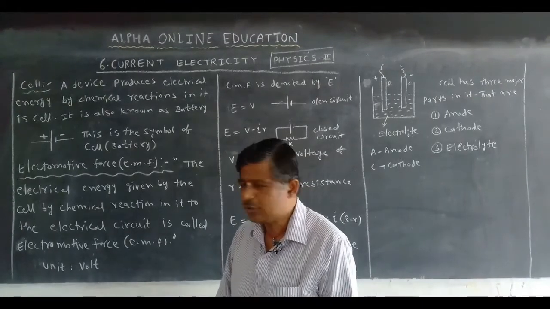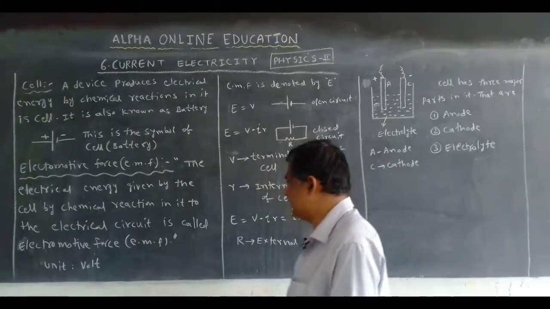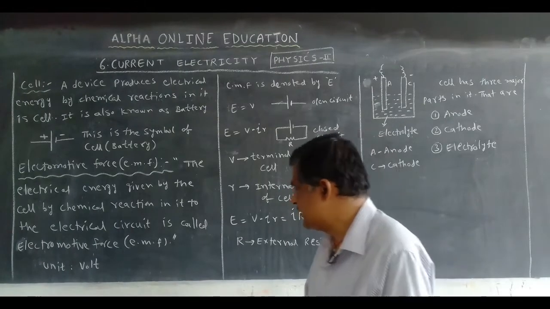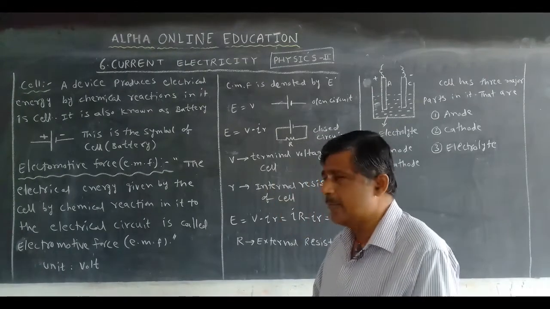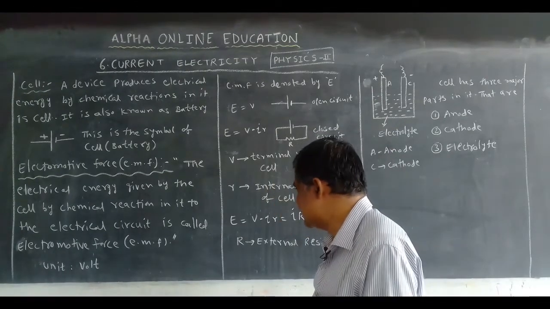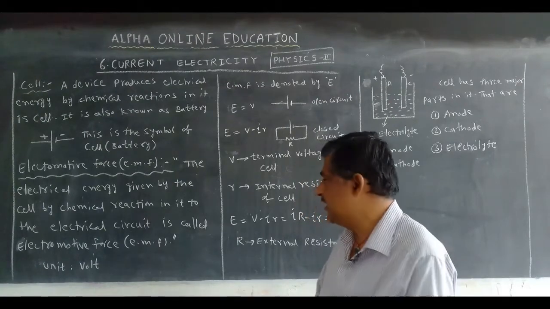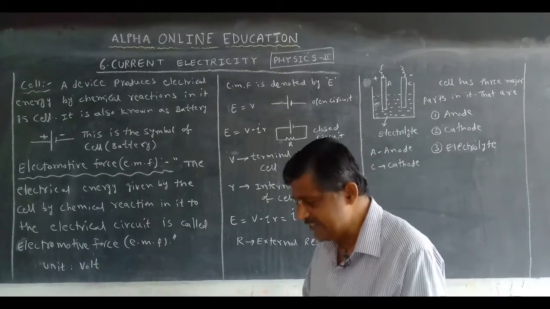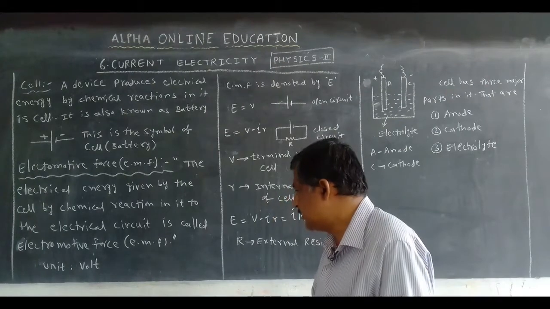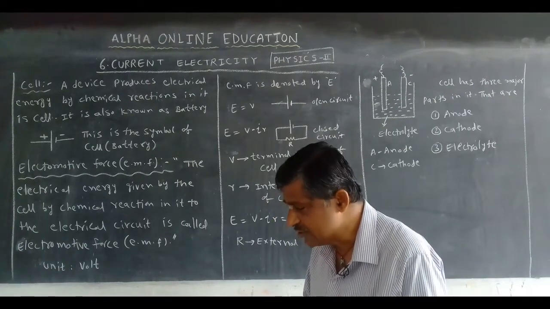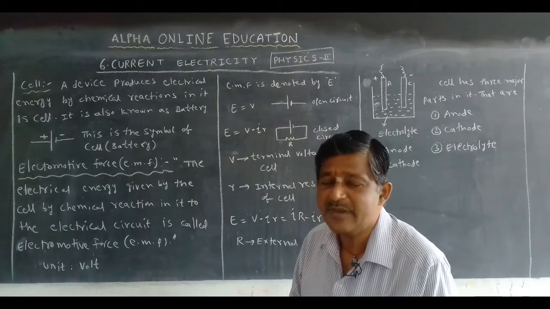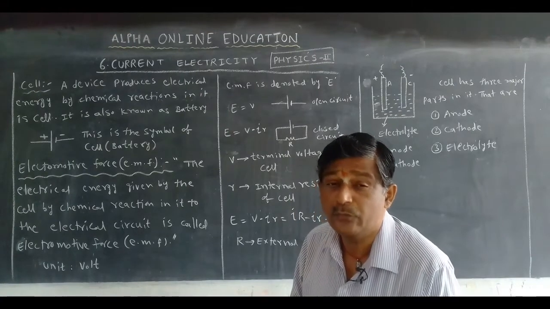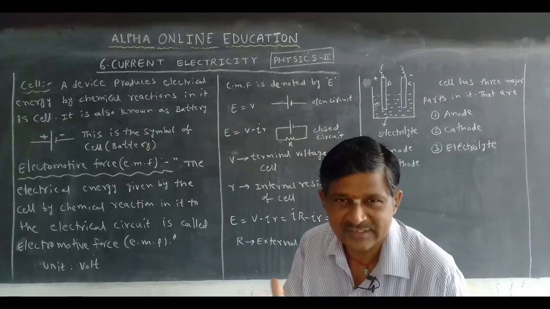Now what is electromotive force? The electrical energy given by the cell by chemical reactions in it to the electrical circuit is called electromotive force, EMF. Electromotive force is not a force.